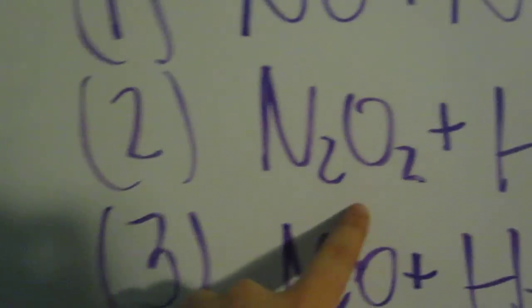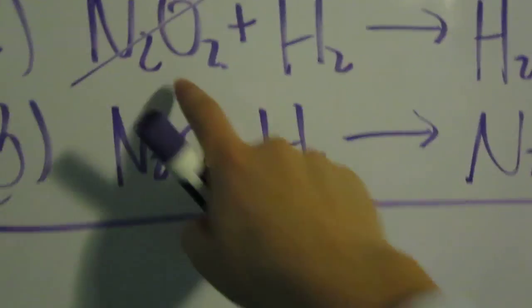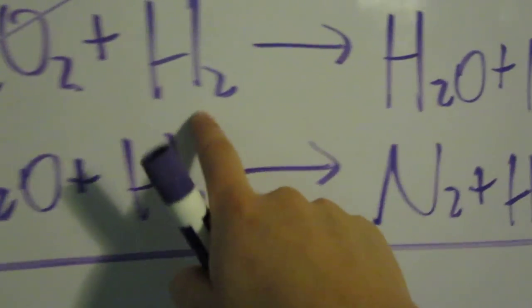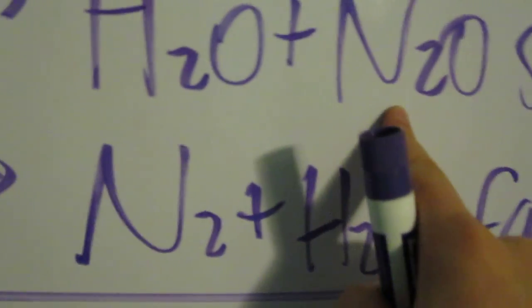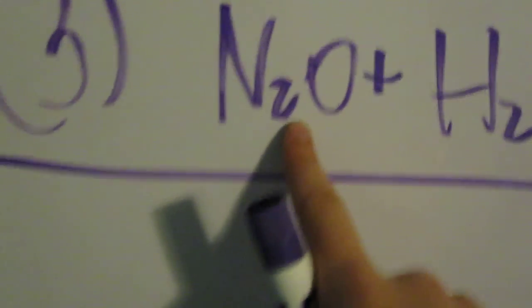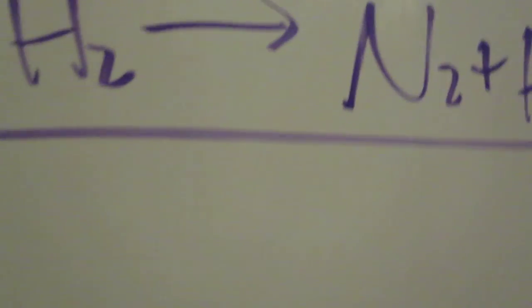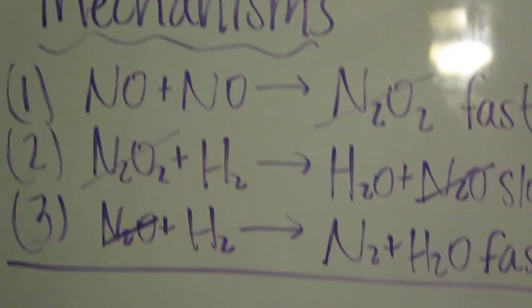Well, you made that, and then in step 2 you used it, so cross them out. Then using that and adding H2, you made H2O and N2O. And the next one you used N2O, so cross them out. Then you can't cross anything out, so you drop them all down.